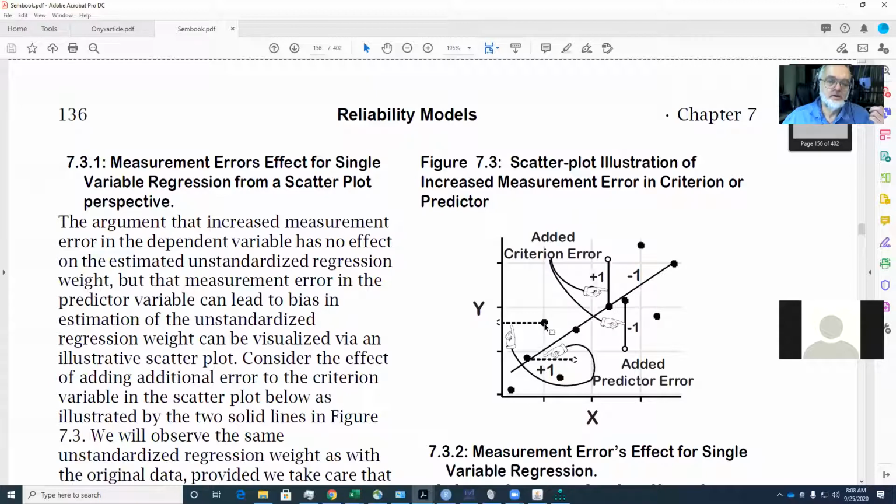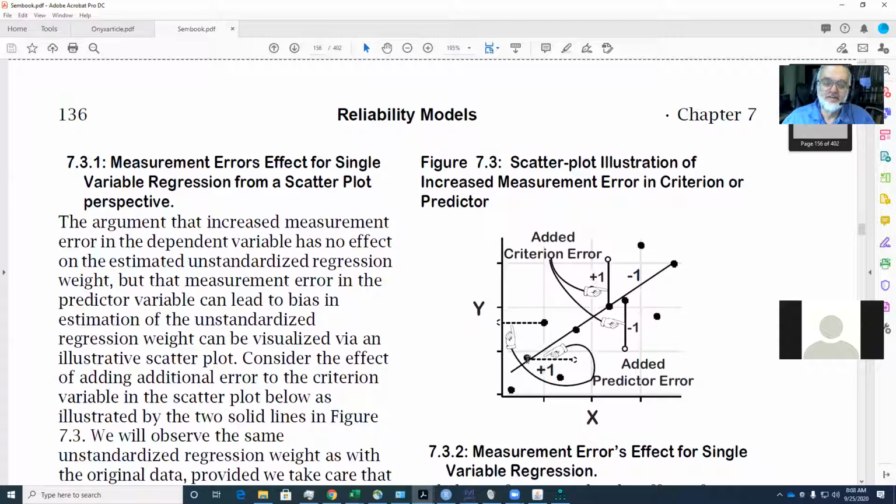However, if I take the X value and I take this individual and I subtract a point on their X value and this individual and add a point on their X value, that's going to change the errors of prediction. And it's also going to change the slope of the line. So for example, this individual is being moved over here.